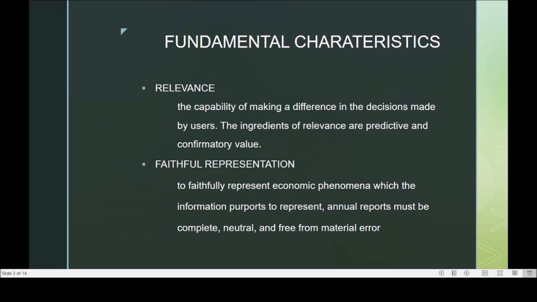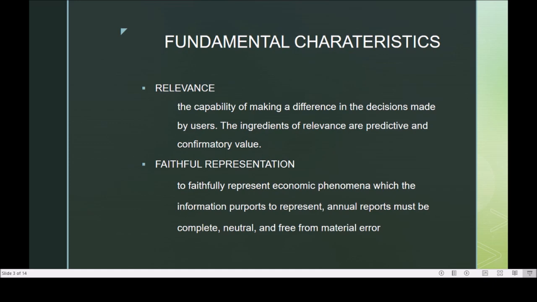Free from material error. Okay, it is expected that the financial statements are prepared with full accuracy. Ibig sabihin, lesser error. Hindi naman po maiwasan that there are certain times that there were errors, but hopefully those errors will not materially affect the decisions of the financial users.